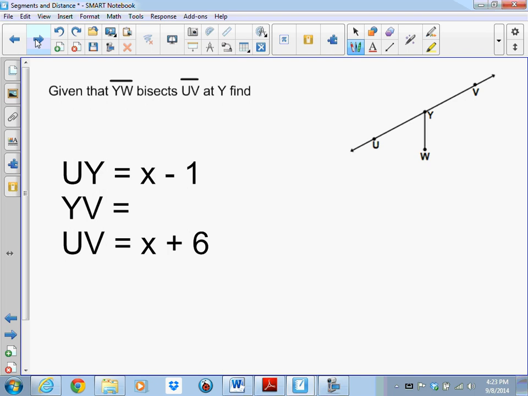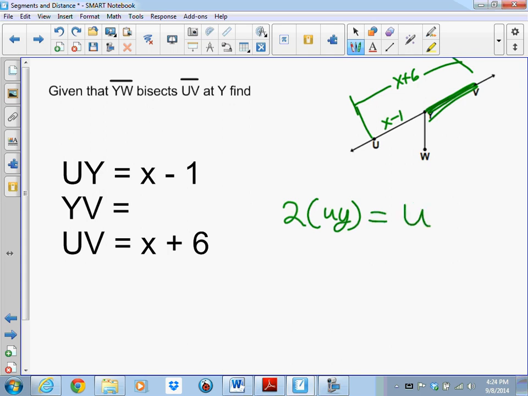The last one is where we have UY, and we do not have the other segment. This one is x minus 1. The whole thing is x plus 6. And we need to find this segment here. In this case, there are a couple of ways you can do it. You can say 2 times whatever UY is equals the whole thing.